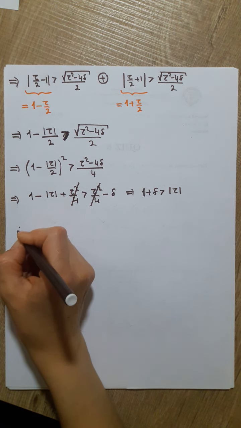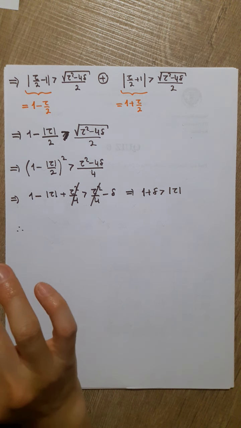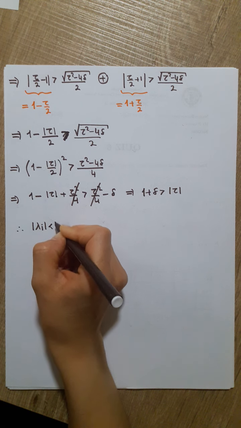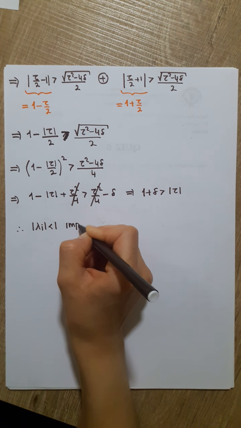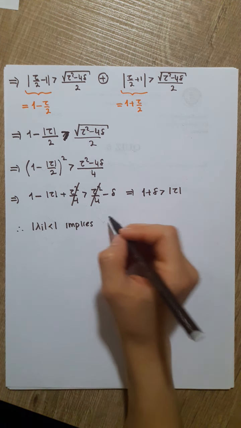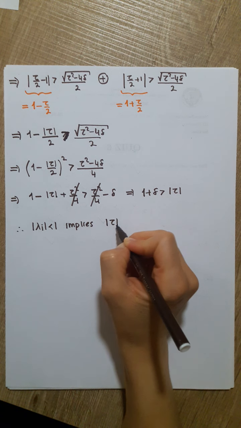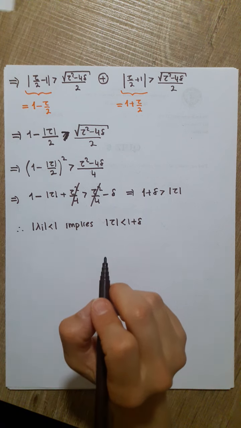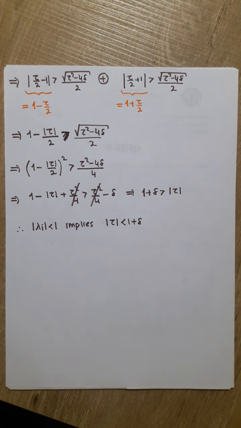So the result will be this. If lambda I is less than 1, then it implies that tau in the absolute value is less than 1 plus delta, and where is the term here?